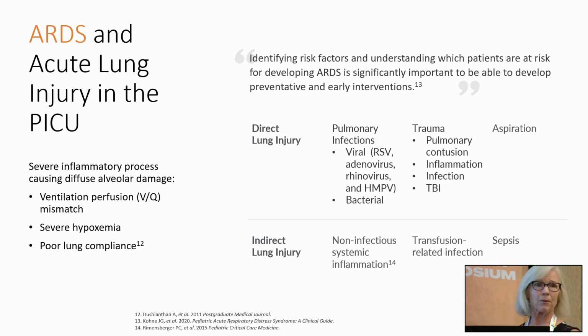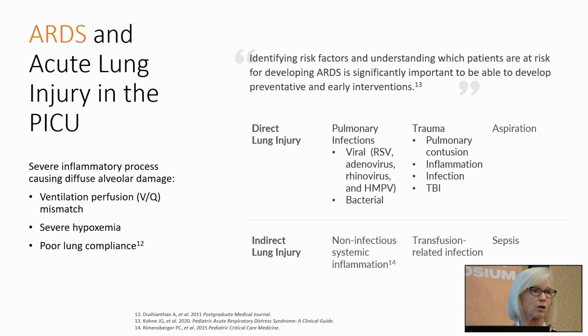It can be from a couple of different things. Patients at risk for ARDS come from different areas. Some of them have pulmonary infections like RSV, rhinoviruses, bacterial infections such as pneumonia. It can also happen after traumas, so pulmonary contusions and the associated inflammation that results from that, and infections are more at risk when you have a traumatic injury as well.